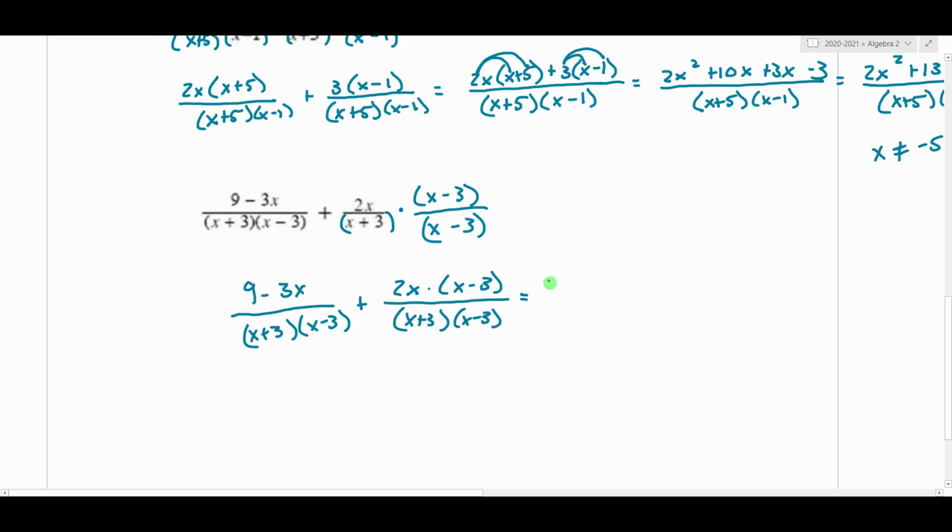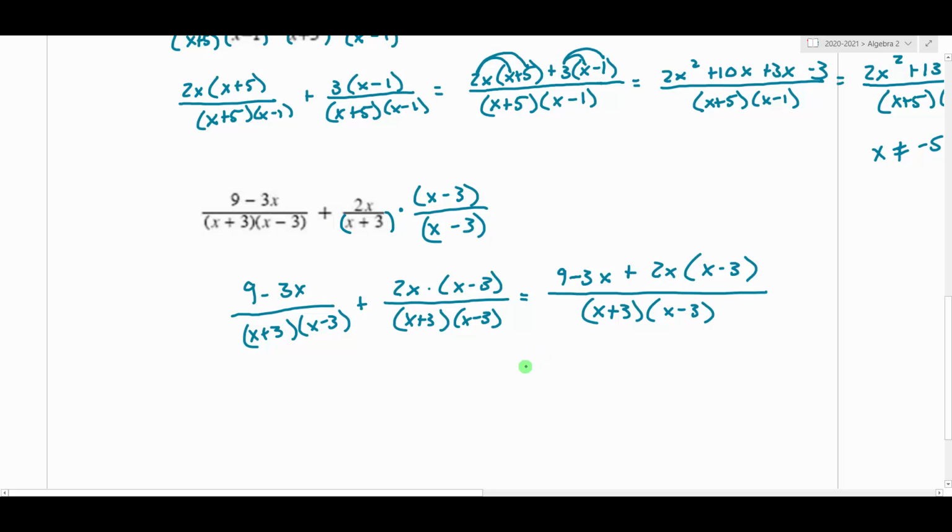So I'm going to take the top of the first fraction, 9 minus 3x, and I'm going to add to it the top of the second fraction. So we got 2x times x minus 3, all over x plus 3 and x minus 3. Okay. So now we have technically added the fractions together.